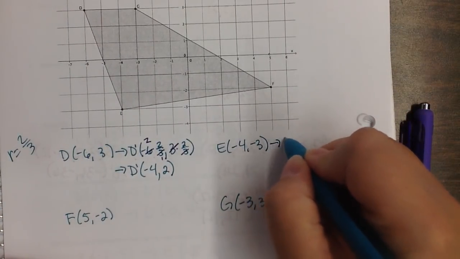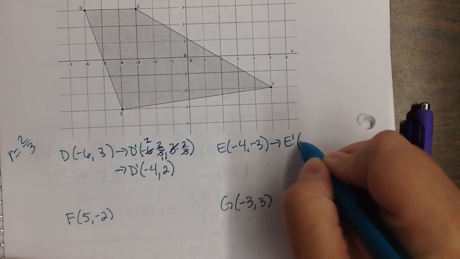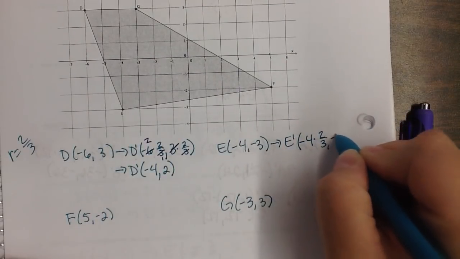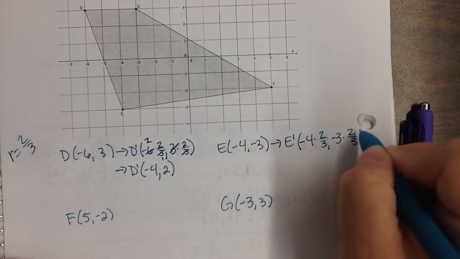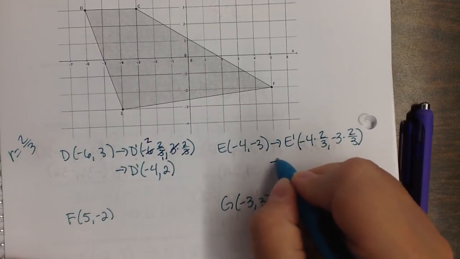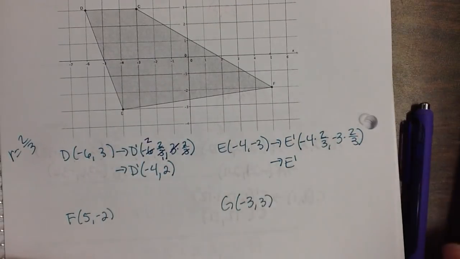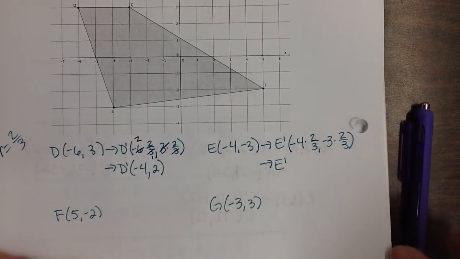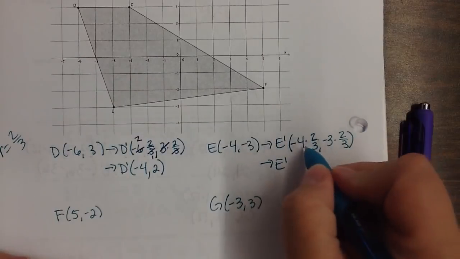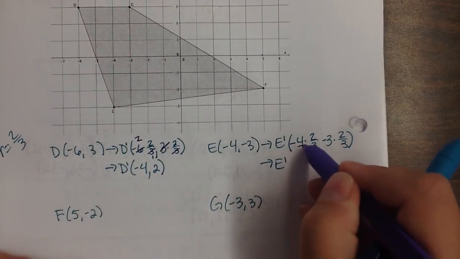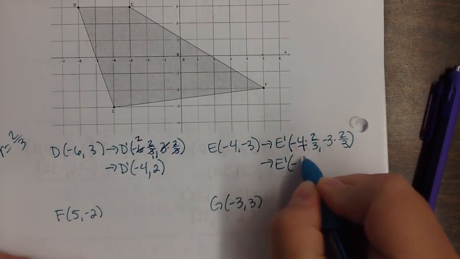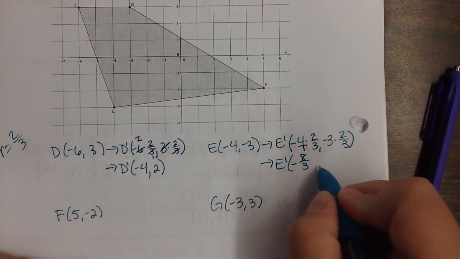E, to get to E prime, you're going to take negative 4 times 2/3 and negative 3 times 2/3. Okay, so E prime. This one doesn't work out quite as easily. So we're just going to multiply. If we put this over 1, negative 4 times 2 is negative 8 over 3.